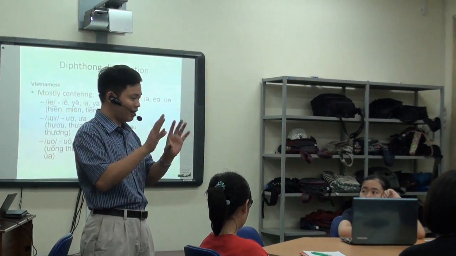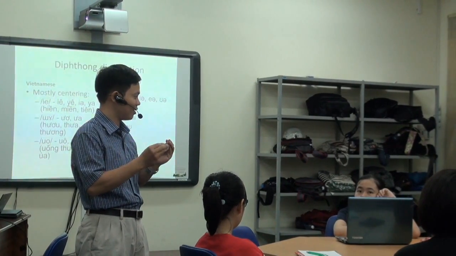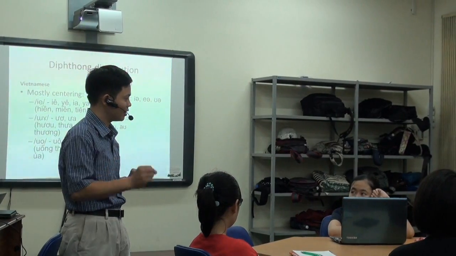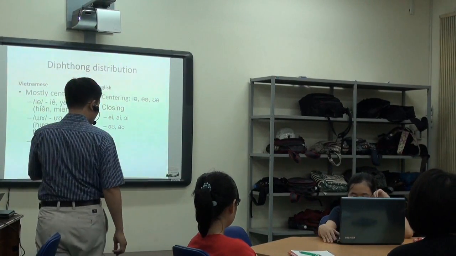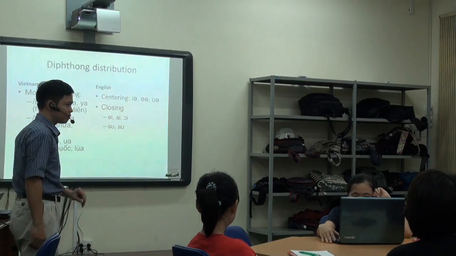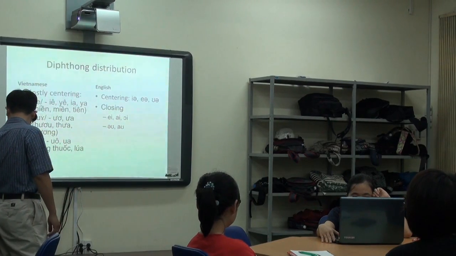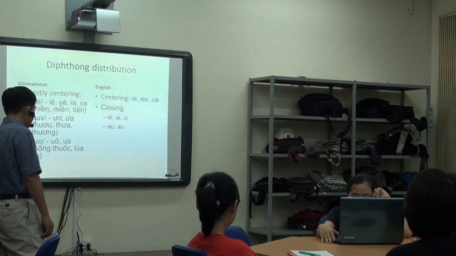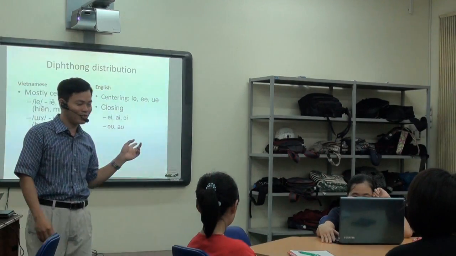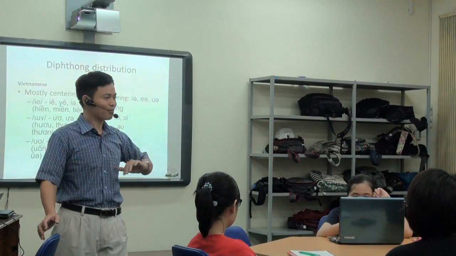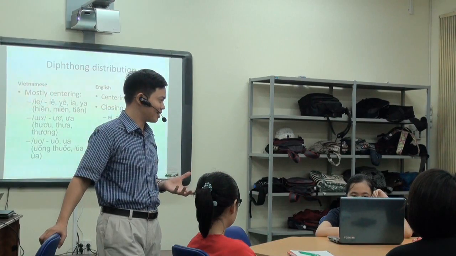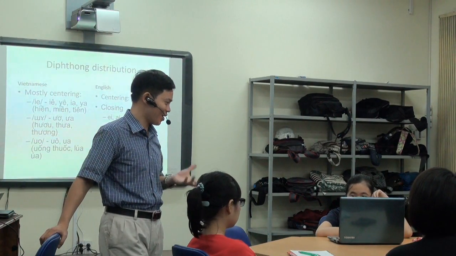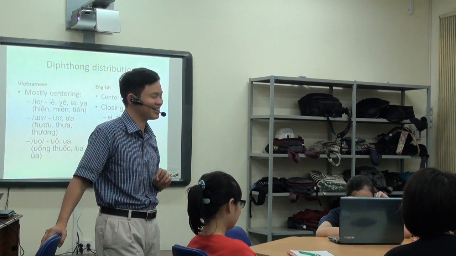In Vietnamese, they're closed, lúa and then close. That's actually a closing sound at the end. So it's interesting, isn't it? Interesting because this is our mother tongue, and there are so many things we do not know about our mother tongue.